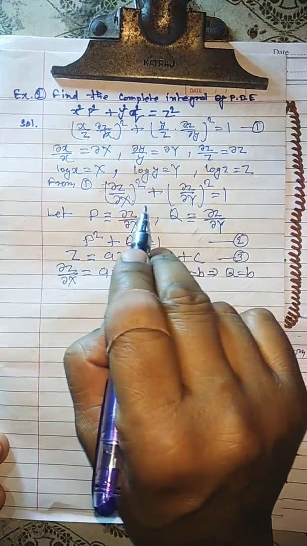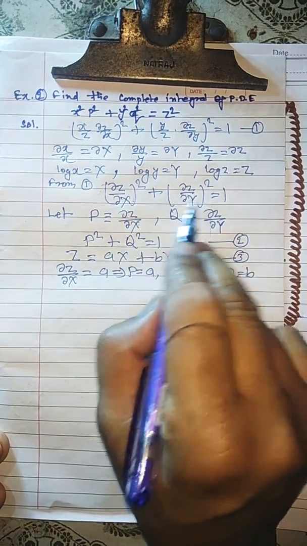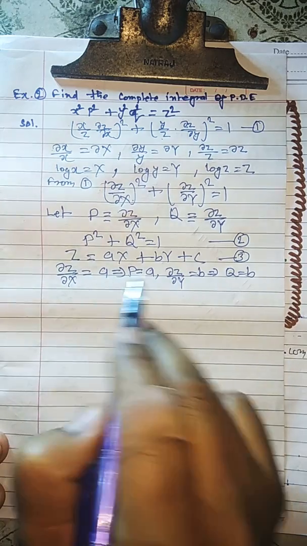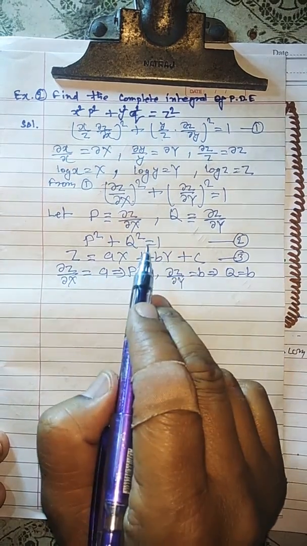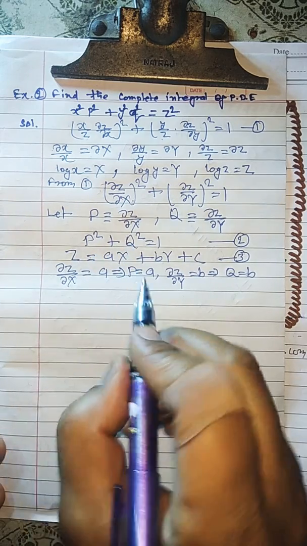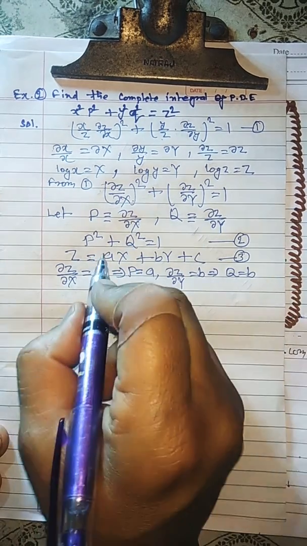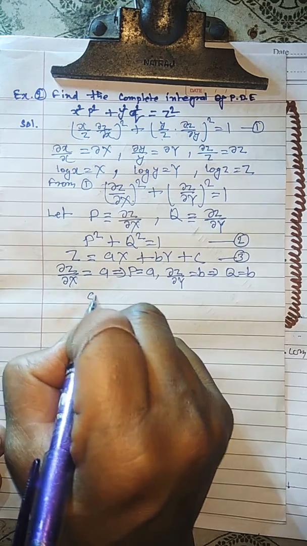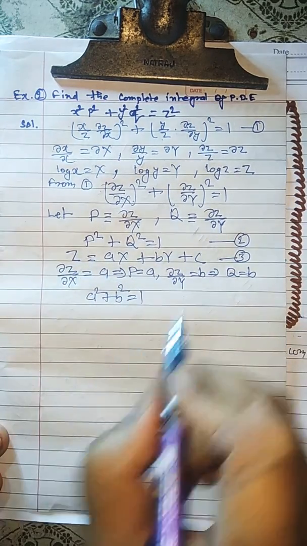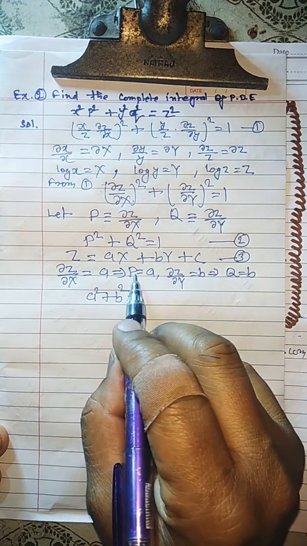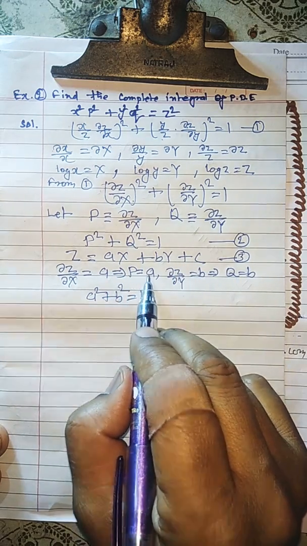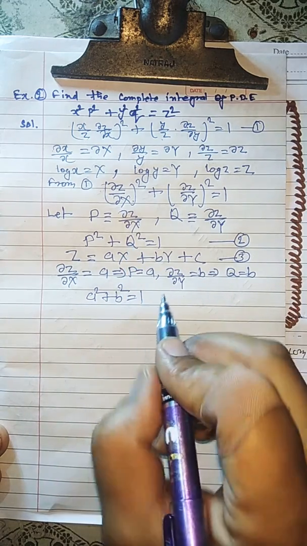Now from this relation, we replace del z upon del x by A and del z upon del y by B. P and Q are connected, so A and B are connected by the relation A square plus B square equal to 1. Put the values of P and Q, that is A and B, and we get this relation.